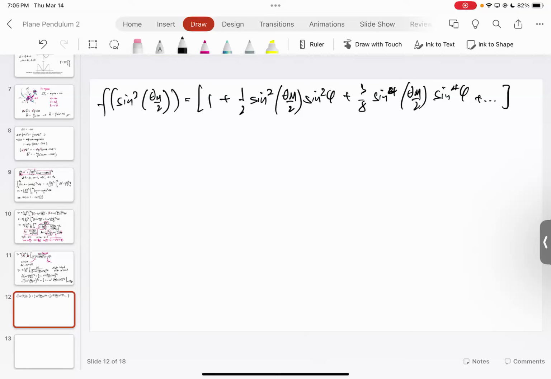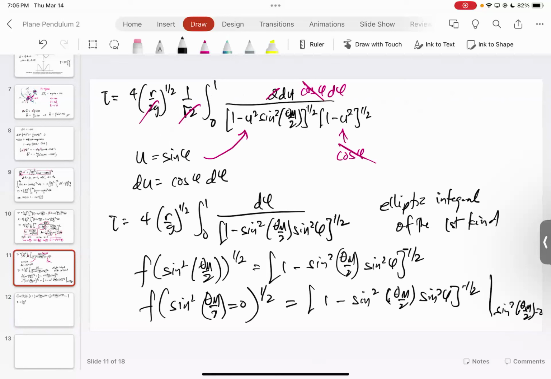So which means na yung ating period is 4 r over g raised to the 1/2. Okay, by the way, hindi natin kinonsider yung limits of integration. If u is 0, ano ang phi?